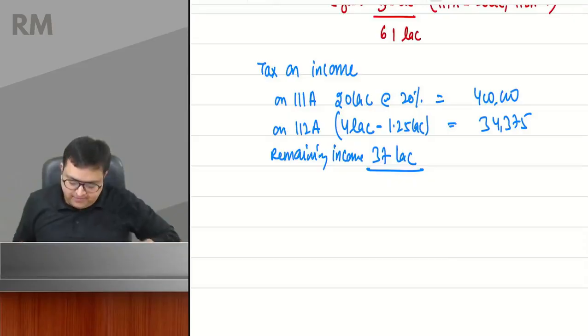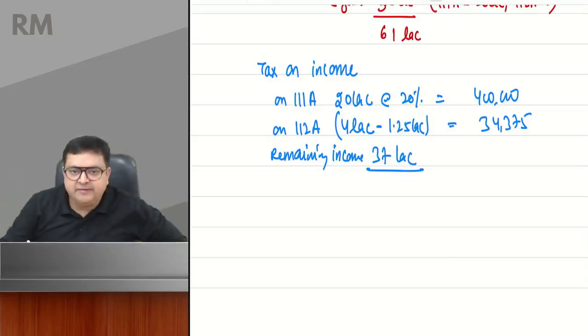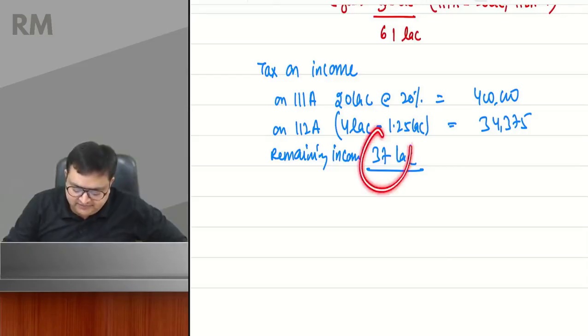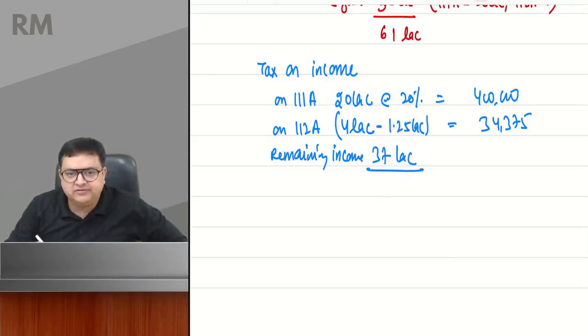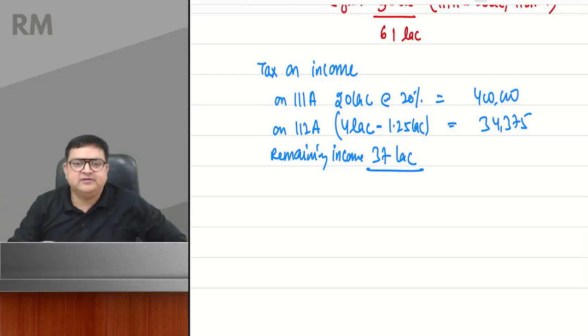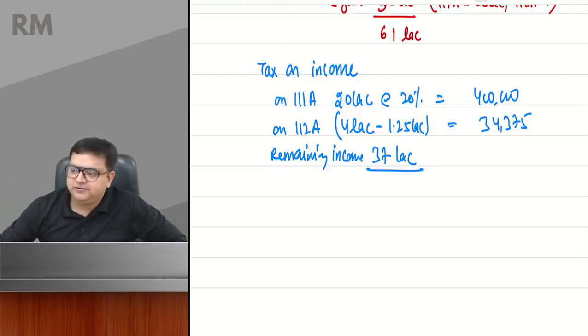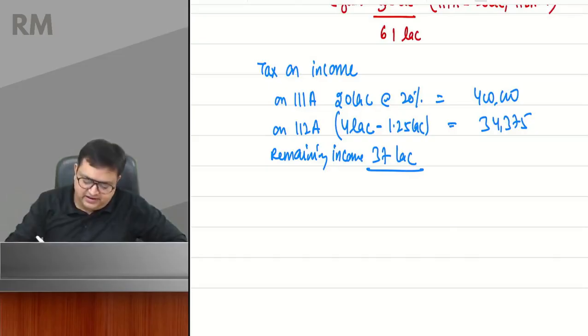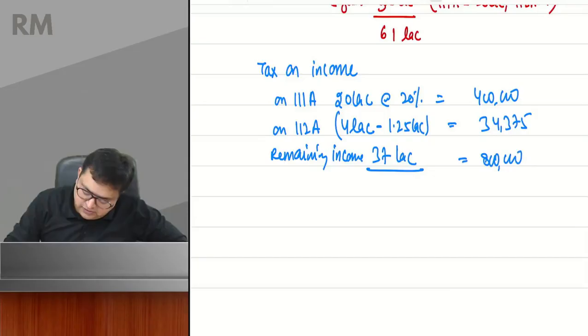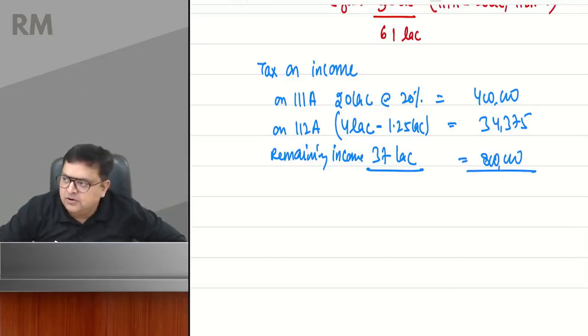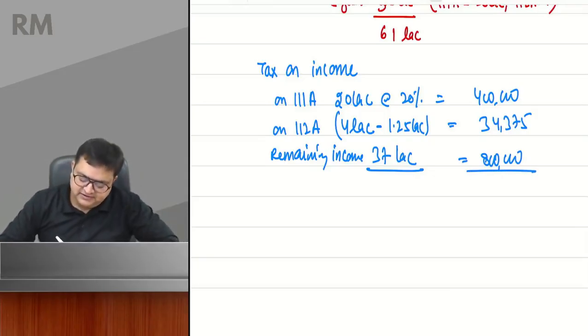Now, remaining income 37 lakh at slab rates. Please apply the default regime slab rates: 0 to 3, 3 to 4, 4 to 7, 7 to 10, 10 to 12, and so on. On 37 lakh, I believe the slab tax is 8 lakh.